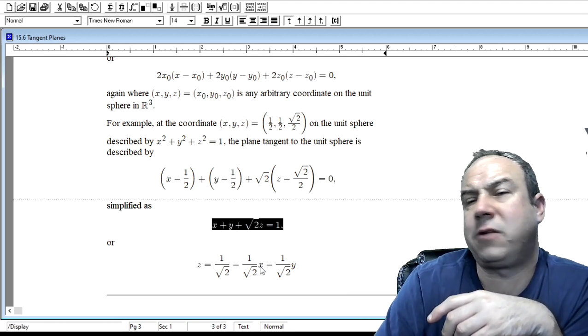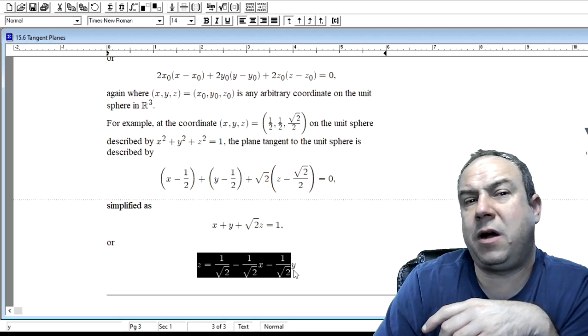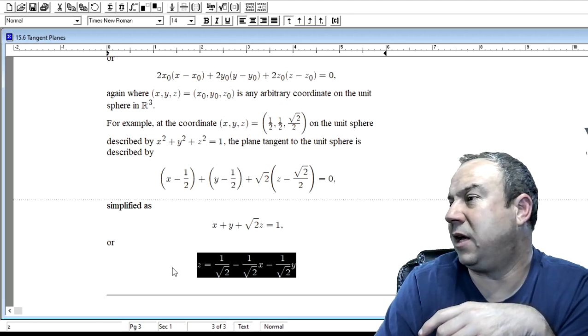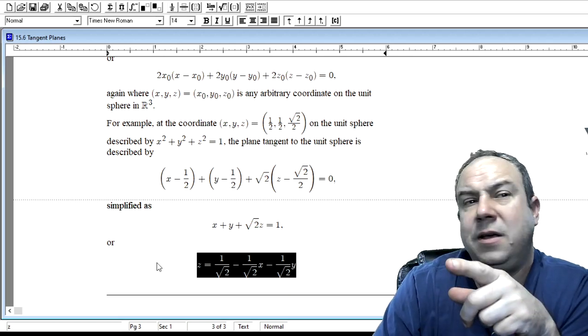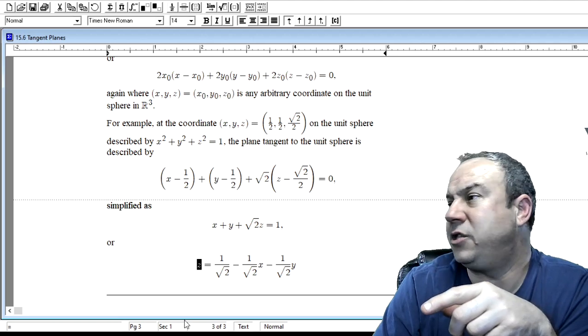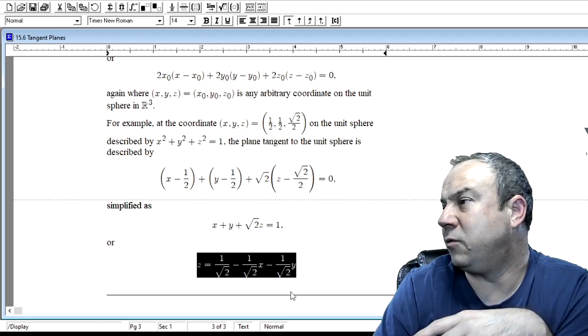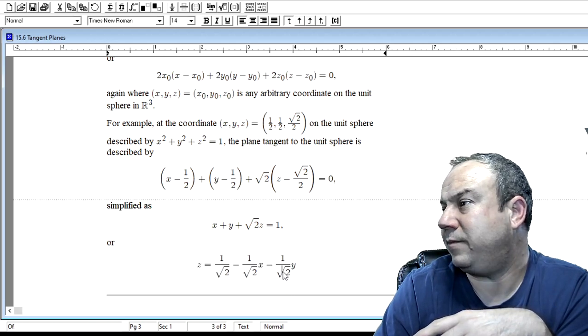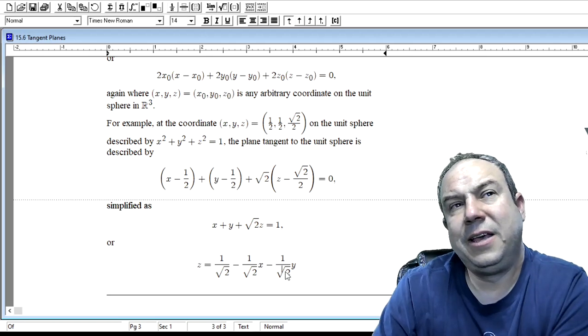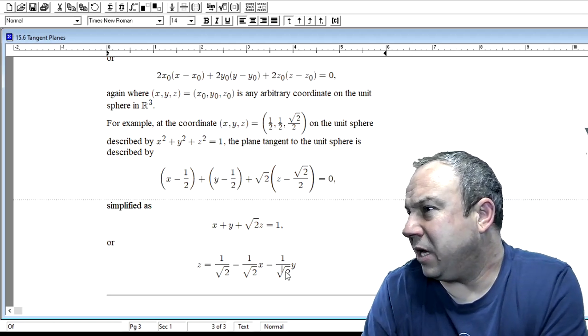Right? This would be our general form. This would be our functional description of that tangent plane, defined as a dependent relationship, z dependent upon variables x and y. Tangent planes, folks.